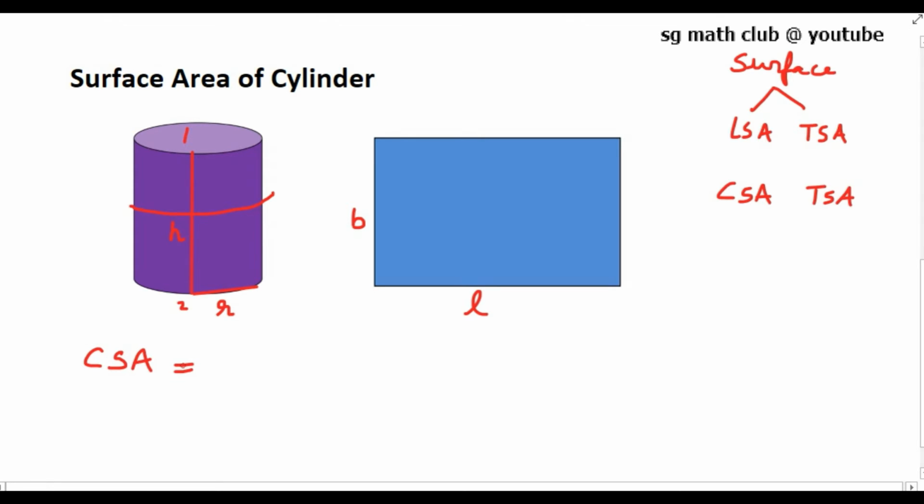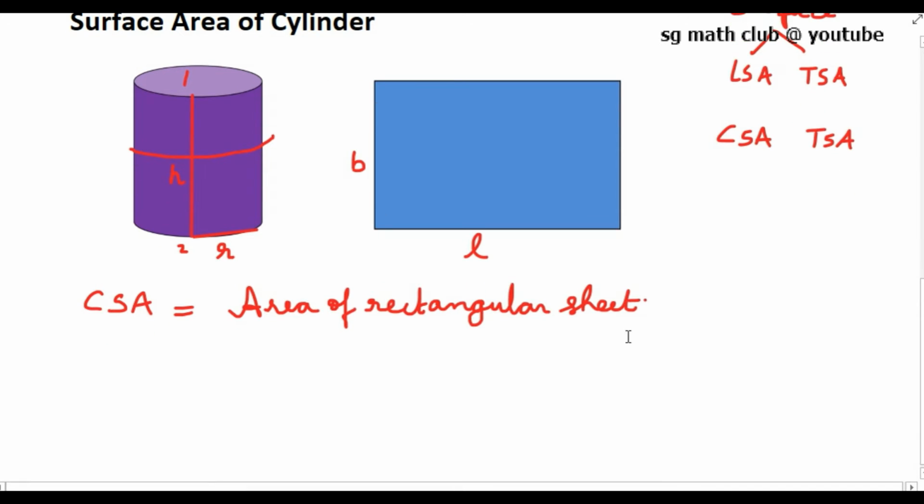The curved surface area of the cylinder is the same as the area of this rectangular sheet, because we have taken a rectangular sheet whose length is just enough to go around the cylinder, and whose breadth is equal to the height of the cylinder. We know the area of a rectangle is length into breadth.